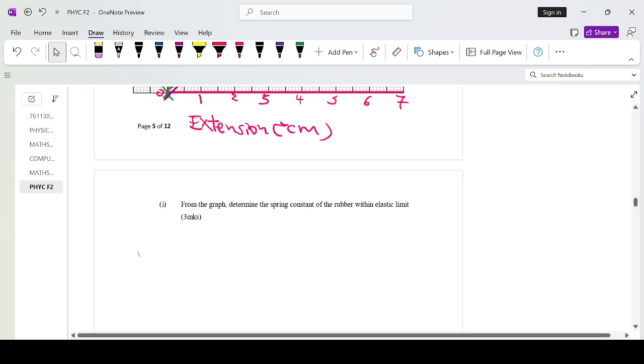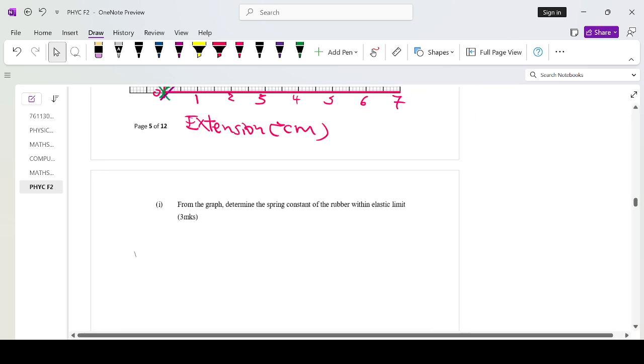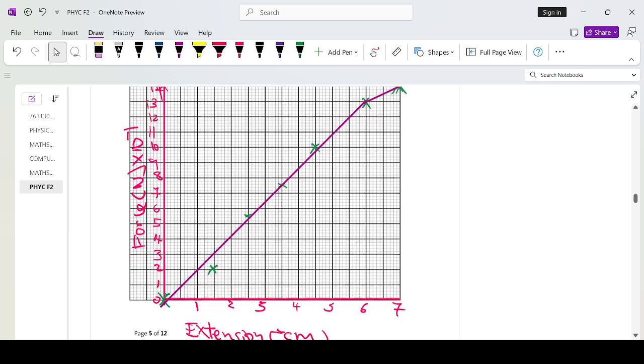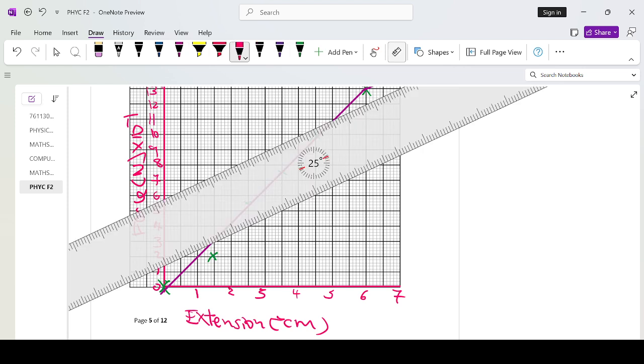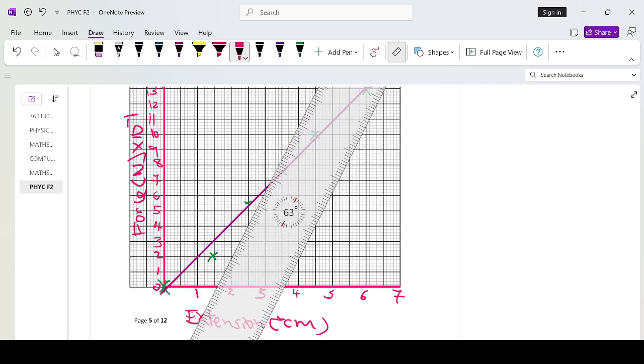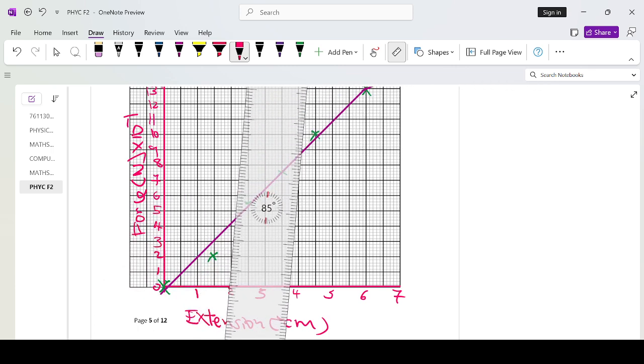How do we determine the spring constant here? Let's first see our gradient. I can see it passing via this point. Let me use a different ink for that. This is my ruler. I want to maintain accuracy here.